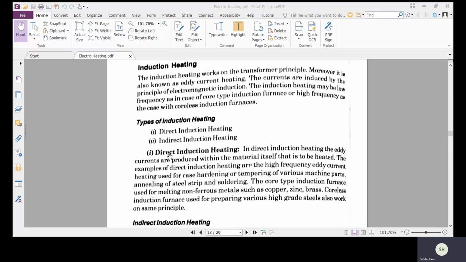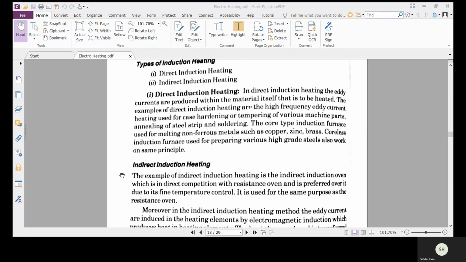So direct induction heating occurs in both types of induction furnaces, the core type induction furnace as well as the coreless induction furnace, as per the requirement.